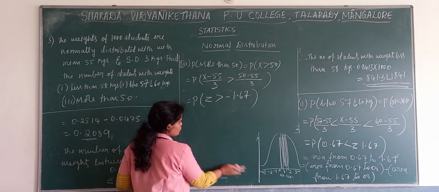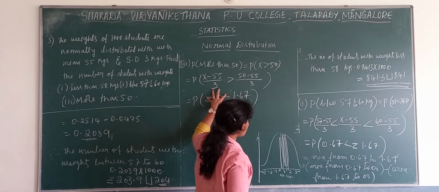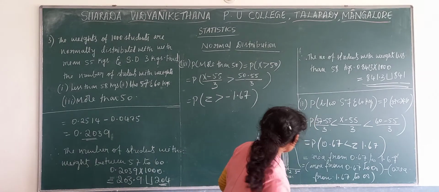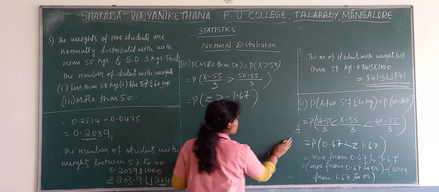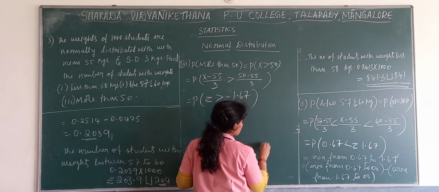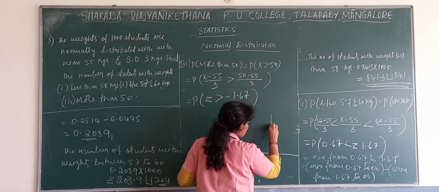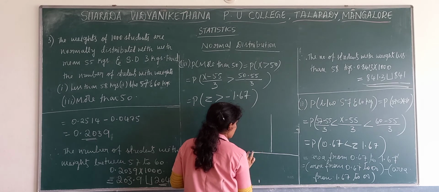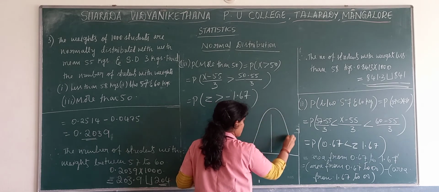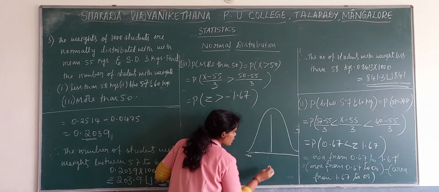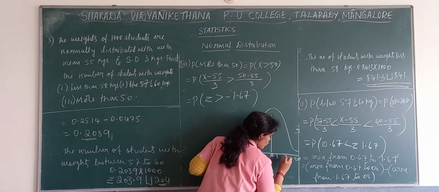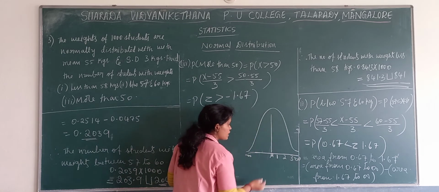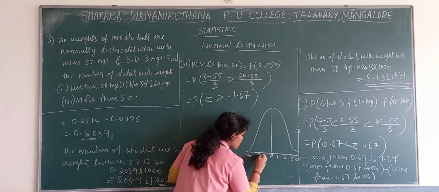Now show this particular area in the graph. Minus infinity, mu, positive infinity, positive 1, 2, 3, negative, minus 1, minus 2.